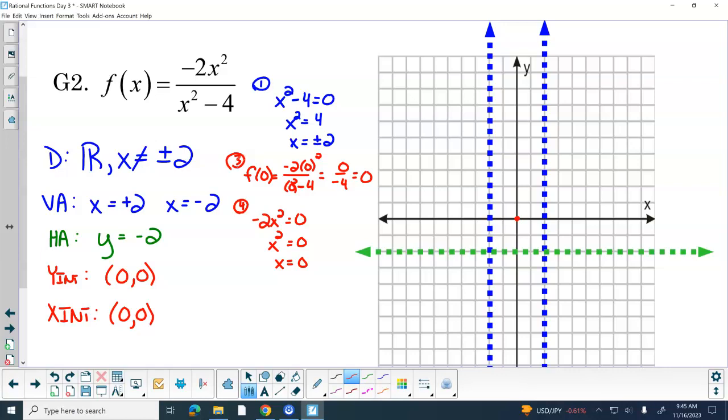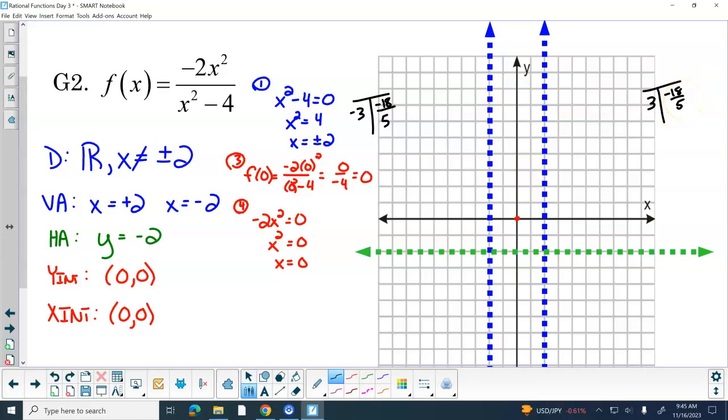Alright, so now we got some t-charts to make. So let's start up here. Let's go -3. The nice thing is, because all of these are squared, they should be the same. 3 squared is 9 times -2 is -18. 3 squared is 9 minus 4 is +5. So then these are both going to be -18 over 5.